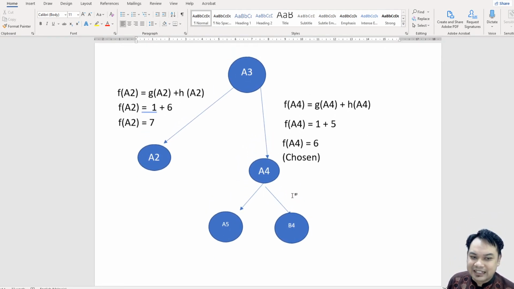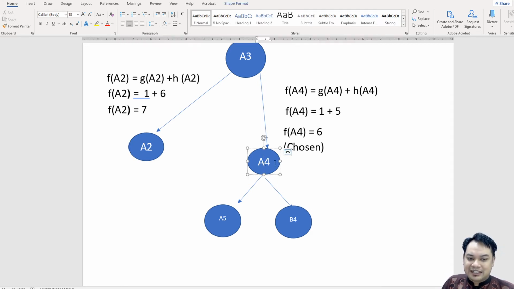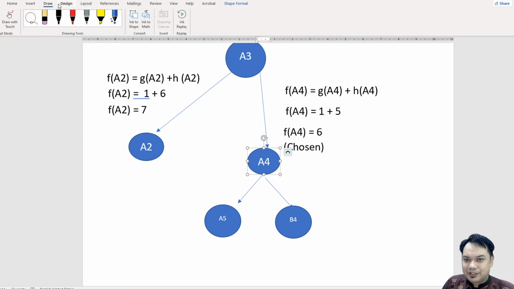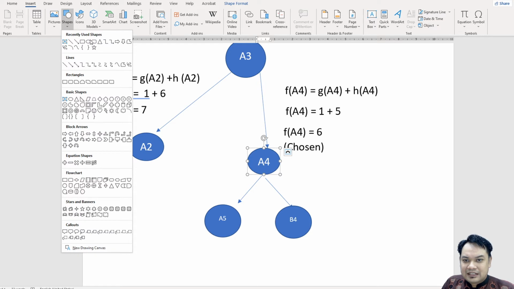So next, kita akan lihat B4 or A5. So at this level, you are already in A4. The N is already on A4. So I'm going to use this arrow to denote that you are here.